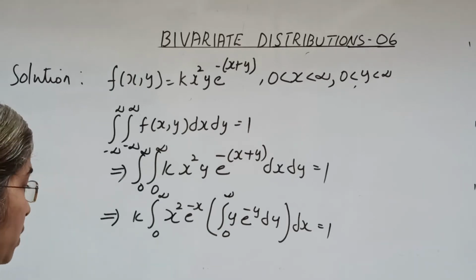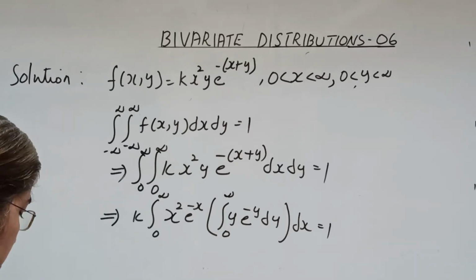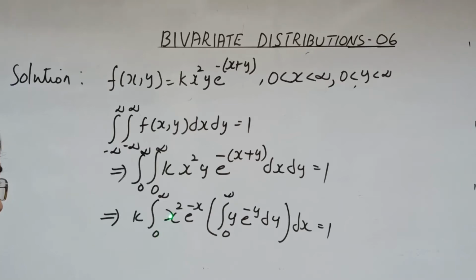Okay, keep the order. K into integral 0 to infinity x square e raised to minus x into integral 0 to infinity y e raised to minus y dy, lastly with respect to x, so into dx equal to 1.